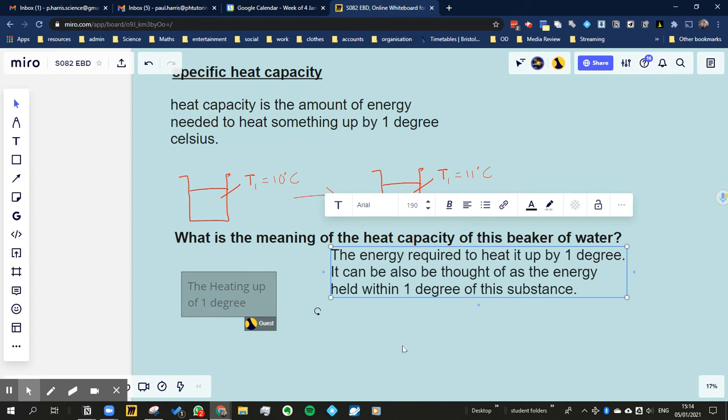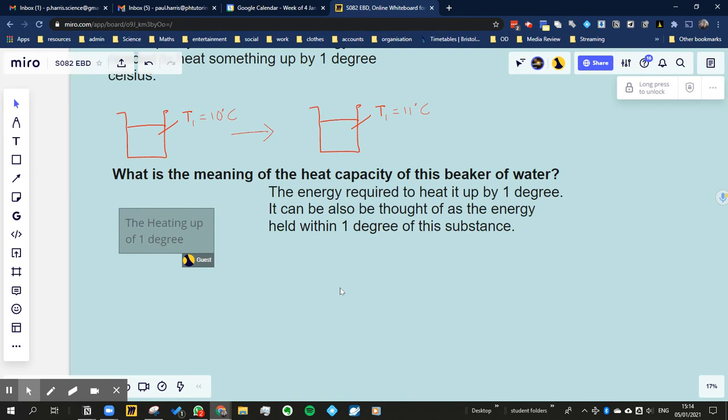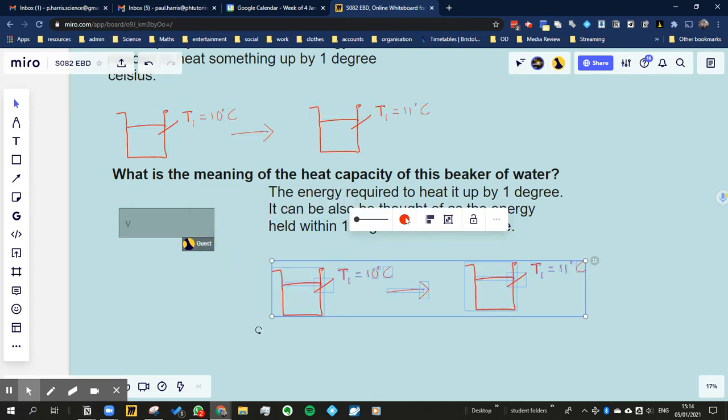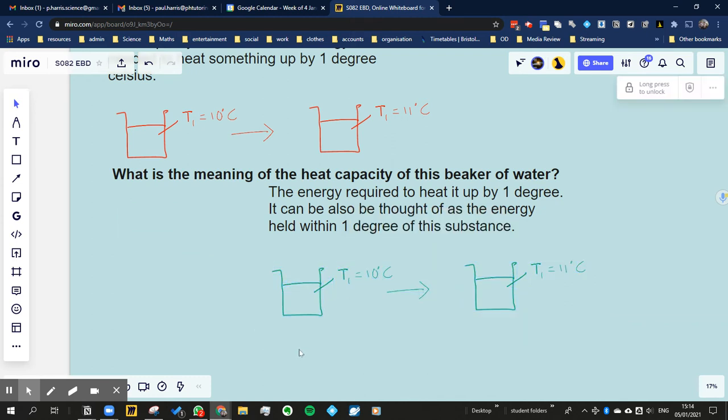Okay. So let's do another example, this time with the calculation. We'll take this example we've got here again, and let's change the color of it to green.